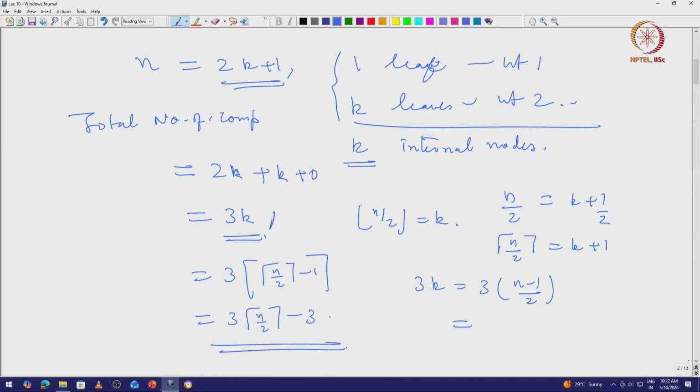You can also write it like this: 3n by 2 minus 3 by 2, or 3n by 2 minus 2.